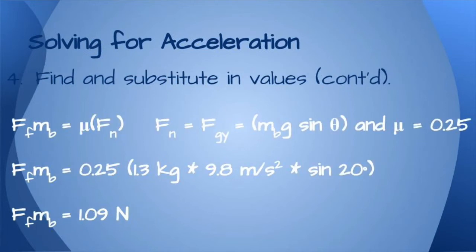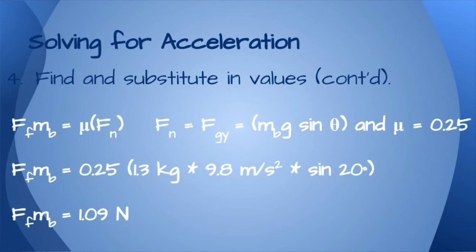And then you have that the force of friction times the mass of both objects is equal to mu times the normal force. And we know that the normal force is equal to the force of gravity in the y direction, or mass of both times g sine theta, and we know that mu is equal to 0.25.